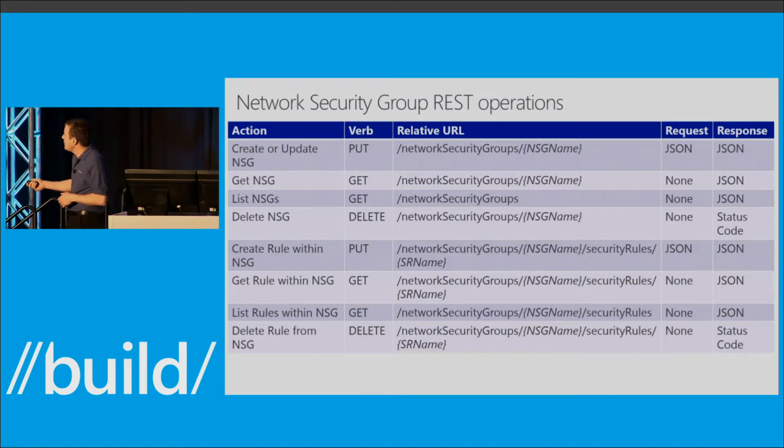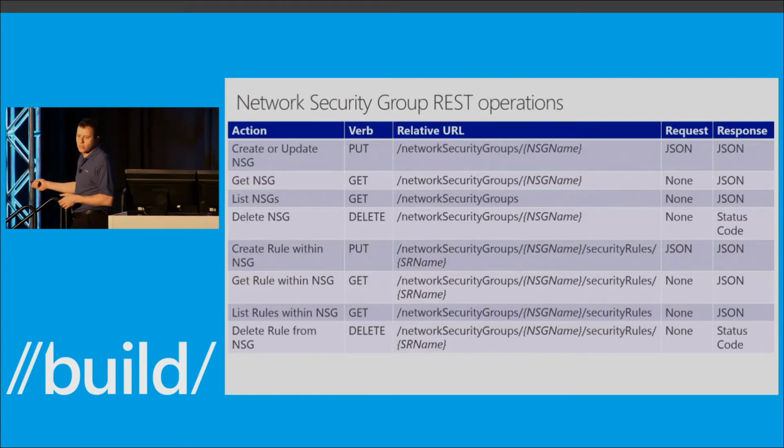And then just briefly to touch upon this, which is the bottom of the table here, network security groups is an object or a resource that contains network security rules. So how that semantic works within the ARM framework is that when using these verbs to access child resources, we just append the type of the child, security rules, and then the name of the child we want to either create or update, get, or list.